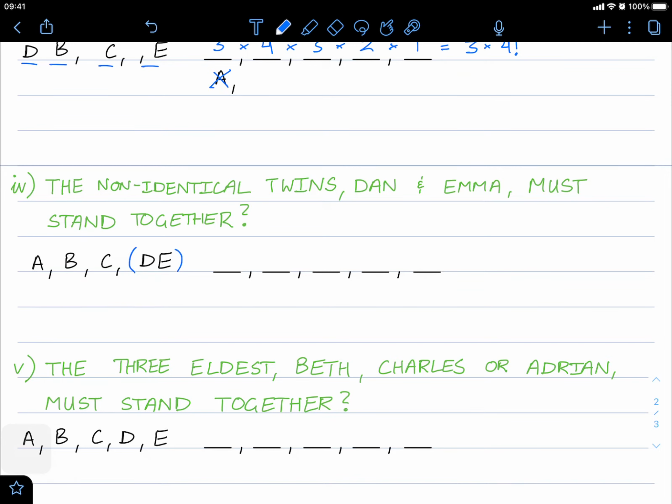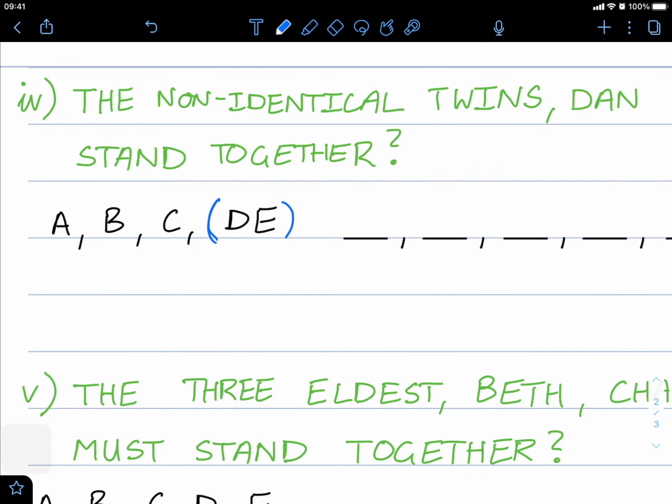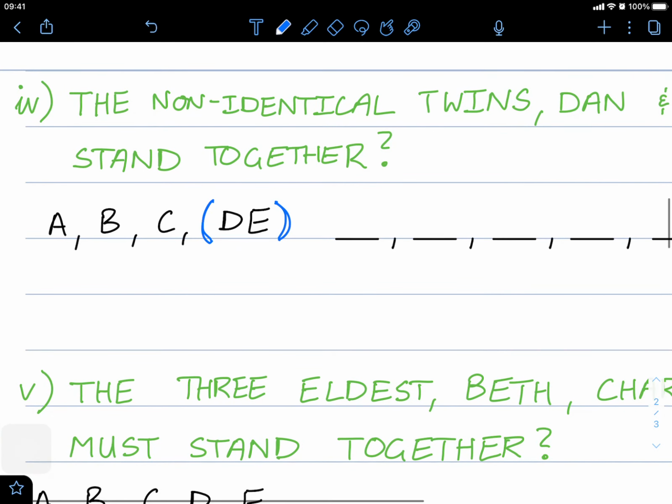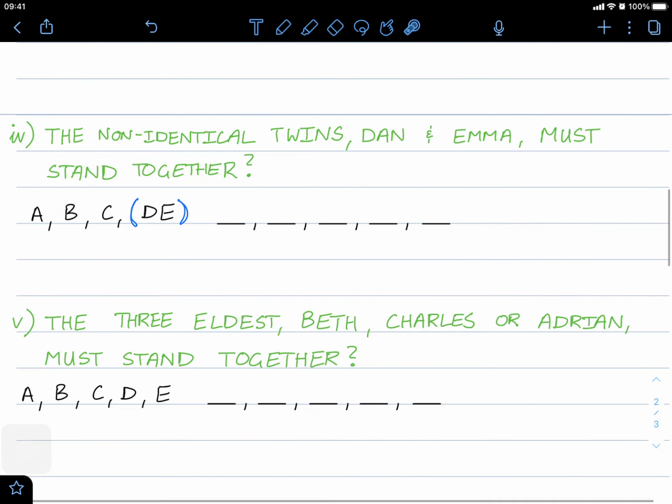Well, notice how I simulated that. If they are standing together, how many objects do we have now in total to pick from? We have 1, 2, 3, but now since these are standing together, we treat them as 1. So in reality, we have 4 objects left.